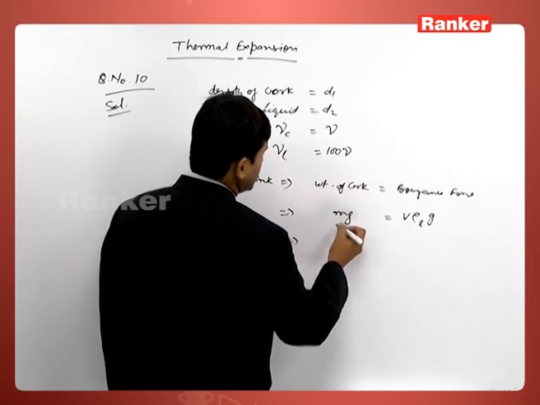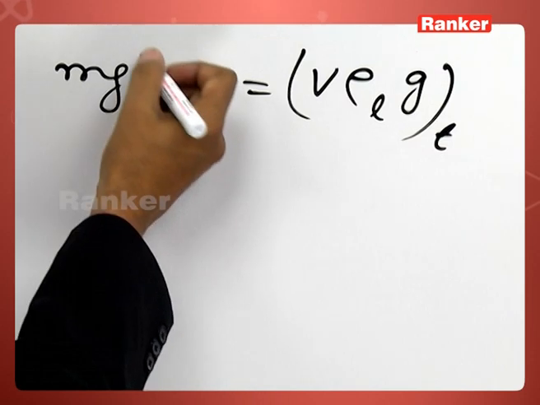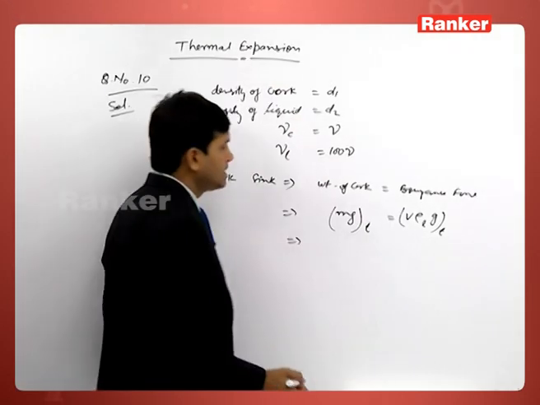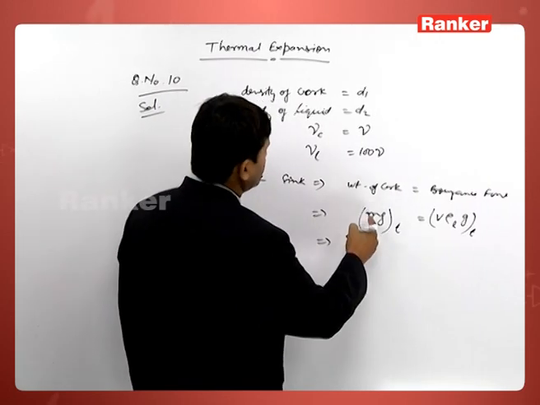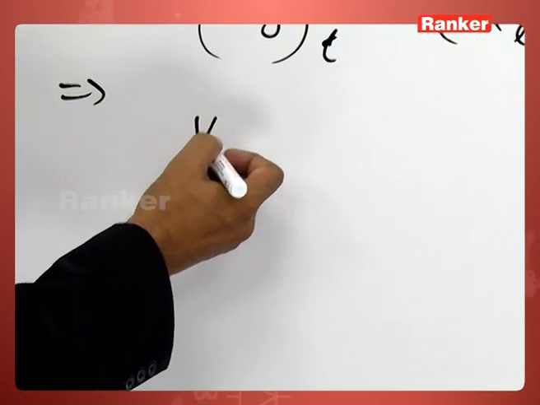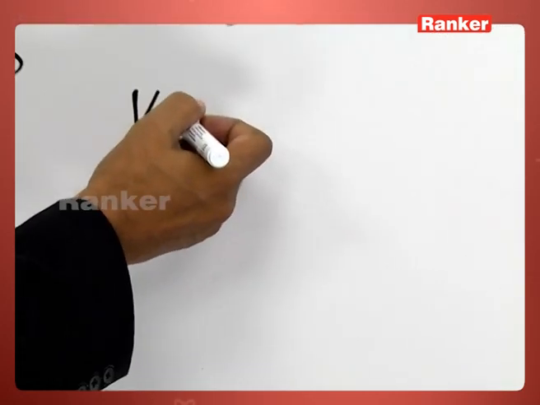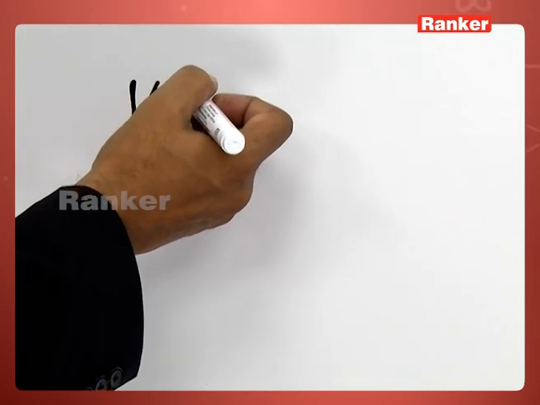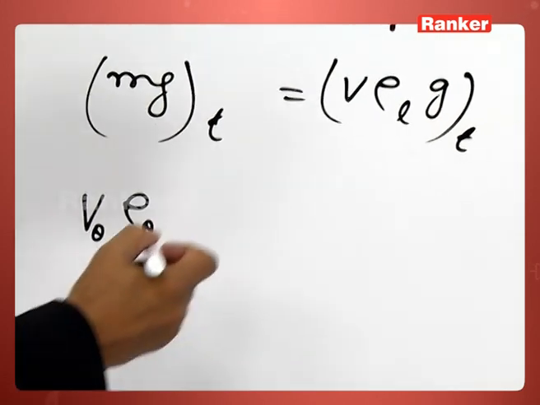Now this is at theta degree or T degree temperature. G does not change. Now m, the mass of the cork, means volume of cork times density of cork. This is equal to here.